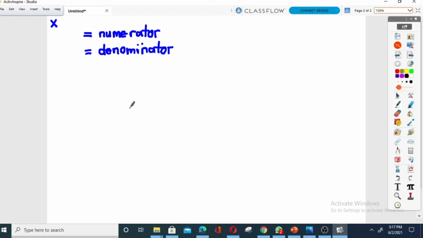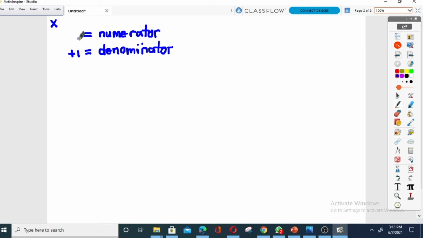It says here the denominator of a fraction is 1 more than the numerator. So if this is the denominator, it is plus 1, 1 more than the numerator.